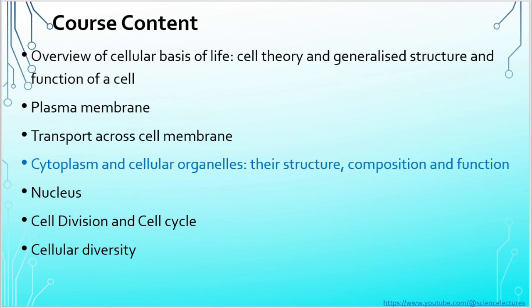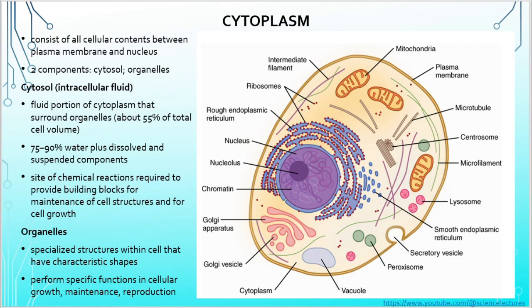So a full account of the transport across the cell membrane now brings us to looking at the cytoplasm and cellular organelles, their structure, composition, and function. The cytoplasm consists of all the cellular contents between the plasma membrane and the nucleus and has two compartments: the cytosol and the organelles.